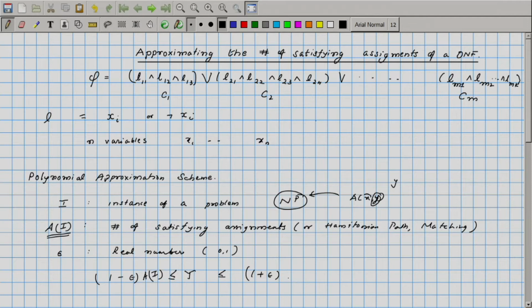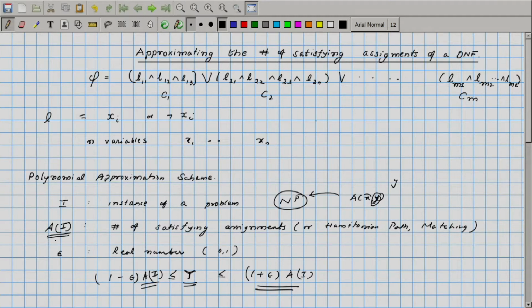If the actual value was A(I), then our output will lie between 1 minus epsilon times A(I) and 1 plus epsilon times A(I). So the output y of your algorithm must lie between 1 minus epsilon times the actual count and 1 plus epsilon times the actual count.